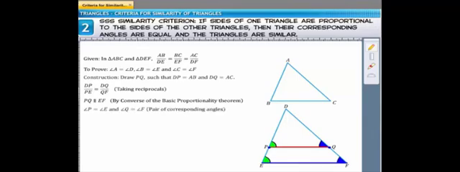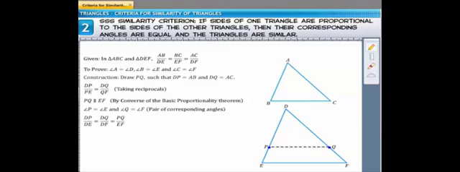By applying the converse of the basic proportionality theorem, PQ is parallel to EF. Since PQ and EF are parallel, angle P is equal to angle E and angle Q is equal to angle F, as they form a pair of corresponding angles. Now, DP upon DE is equal to DQ upon DF, which is equal to PQ upon EF.